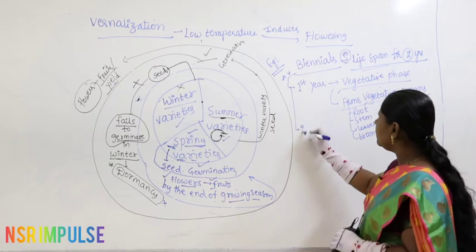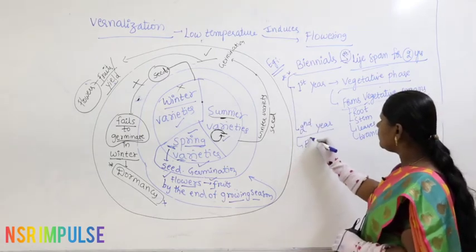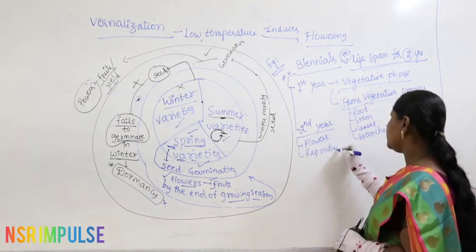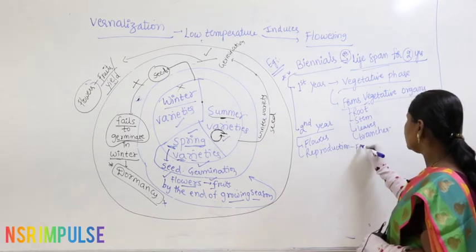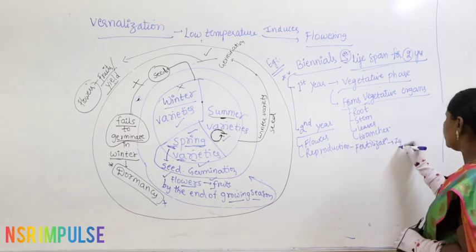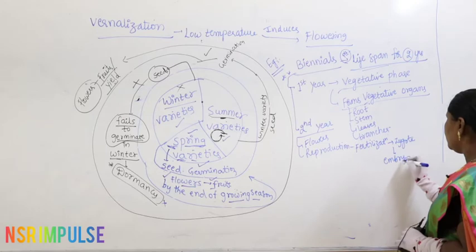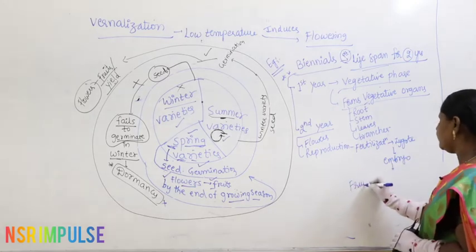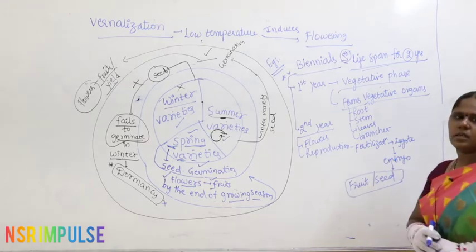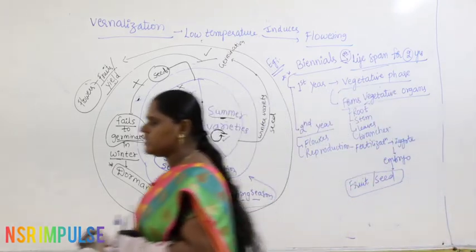And in the second year of lifespan, now it forms the flowers. Flowers will undergo reproduction. Fertilization takes place. Then zygote, embryo formation occurs: zygote, then into embryo, then into a fruit or seed. Fruit or seed formation occurs. That is nothing but the second year.